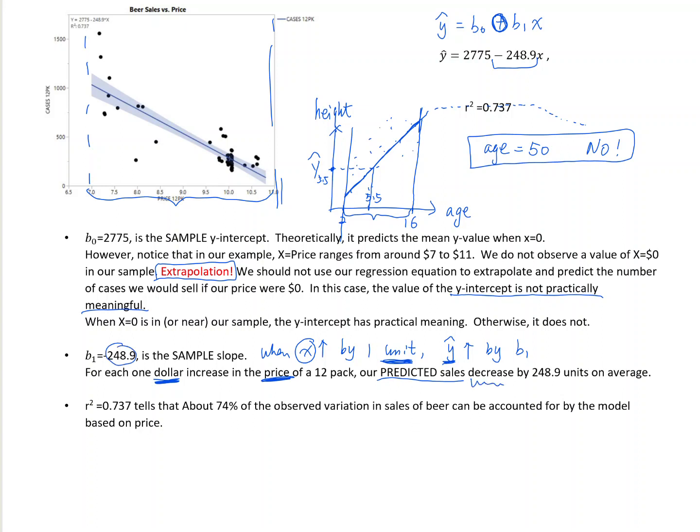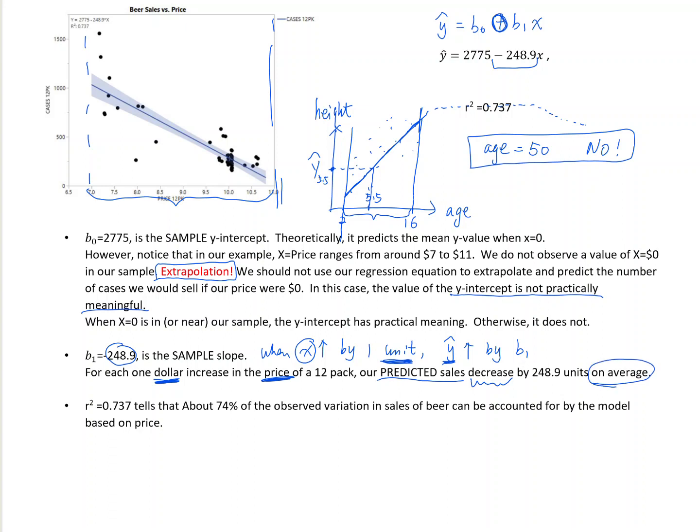So we say decrease by 248.9 units on average. All right, so combined together, we can say when the price increases by $1, the predicted y, which is the predicted sales, will decrease by 248.9 units. Right. Another thing is on average.